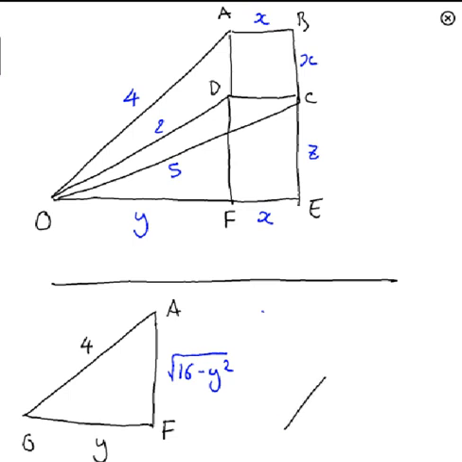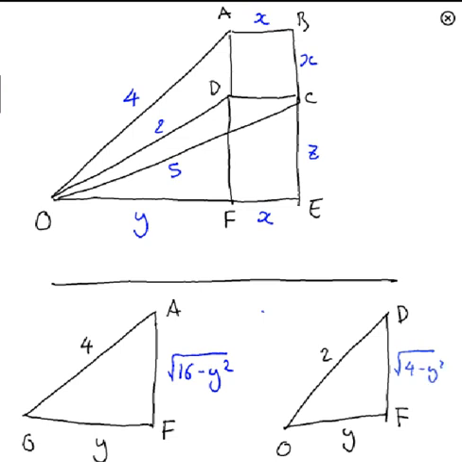What else have we got? We've got this triangle here, which is O, P, F. So that's 2 there, length y there, and so we know that this length here is the square root of 4 minus y squared by Pythagoras.